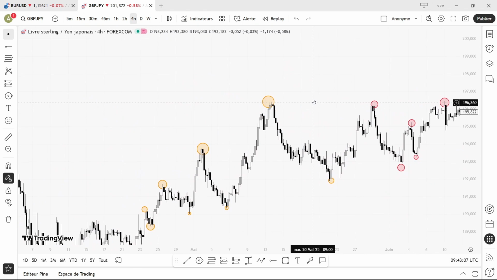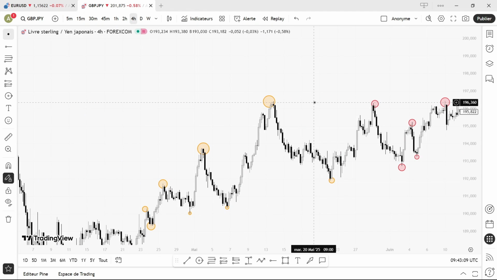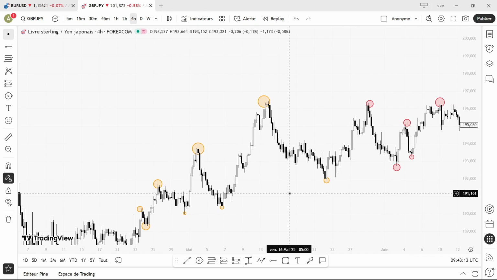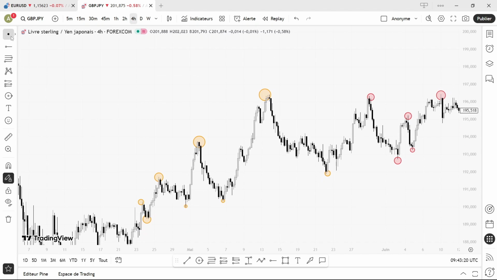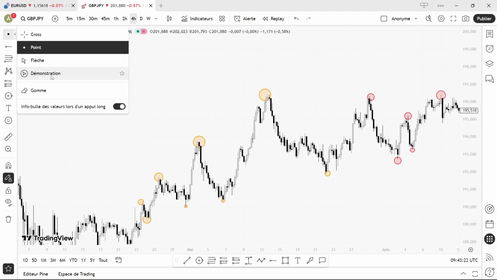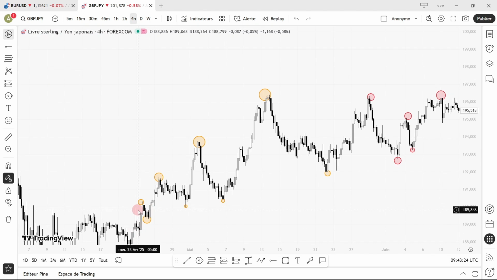So this is our higher time frame market structure, or we can call it a major structure. There is a higher high right here, there is a higher low, and there is a break of structure right here.